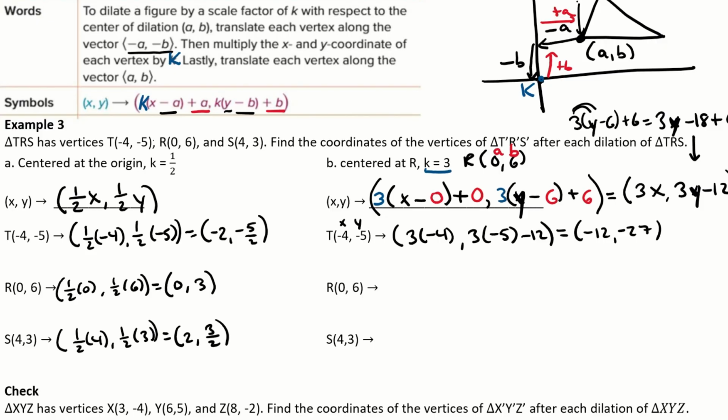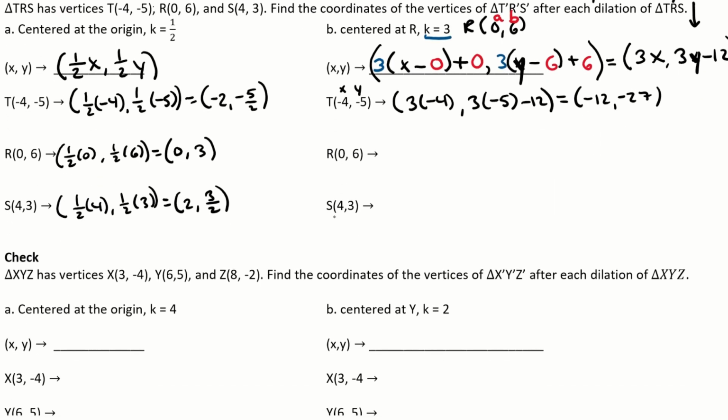Now for the R coordinate, notice that since I am centering at R, R is not going to move at all. So R should stay the same, (0, 6). We know it's going to end up that way, but we're going to use the formula to show that.